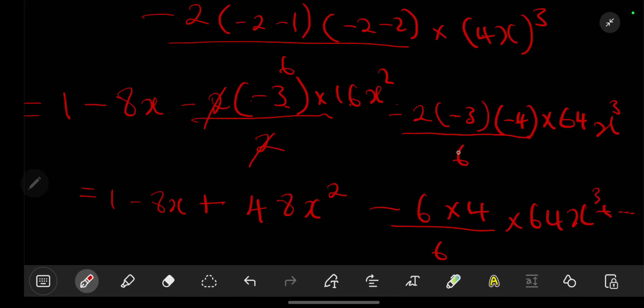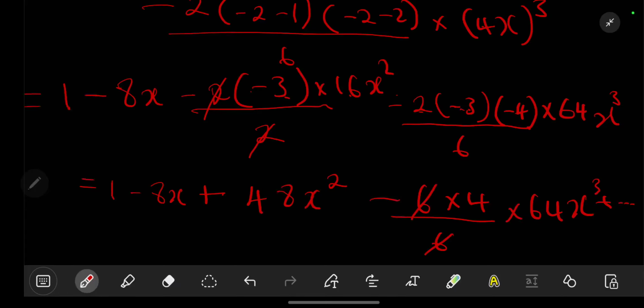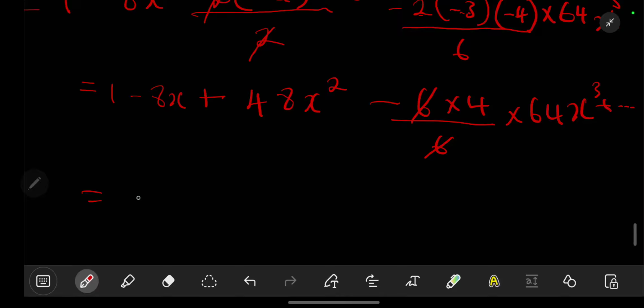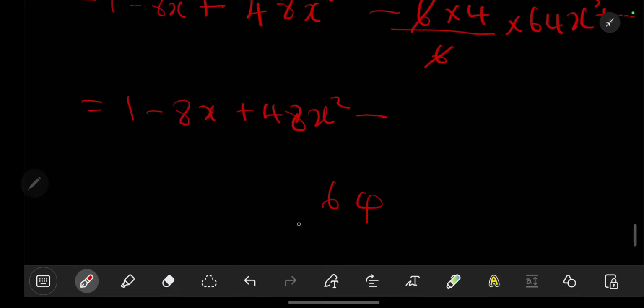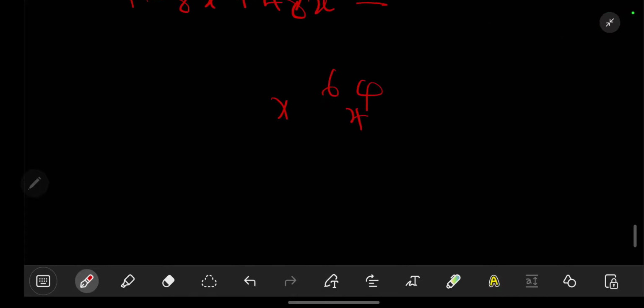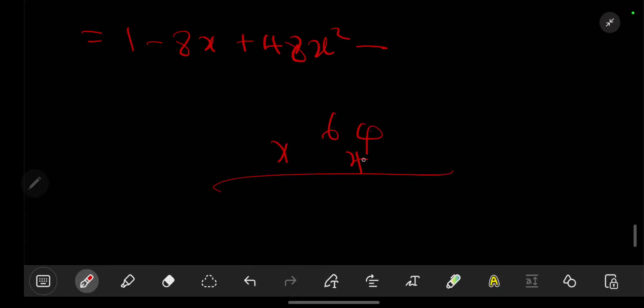Now the reason why I have just multiplied this is I just want this to be similar, so that the final answer will be 1 minus 8x plus 48x squared minus 64 times 4, which will give us a value equivalent to 4 times 4 is 16, remember 1, 4 times 6 will be 24, plus 1, that will be 25.